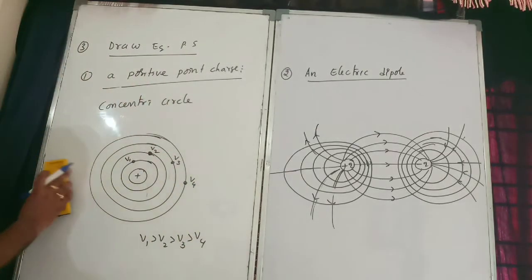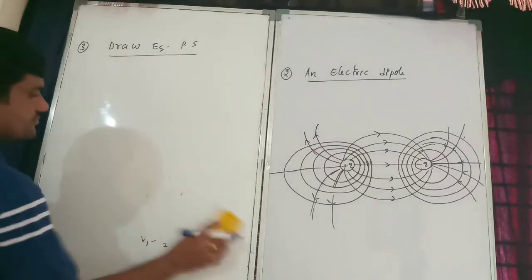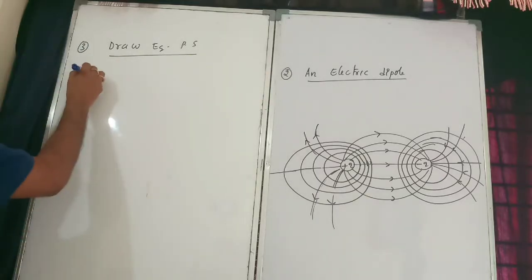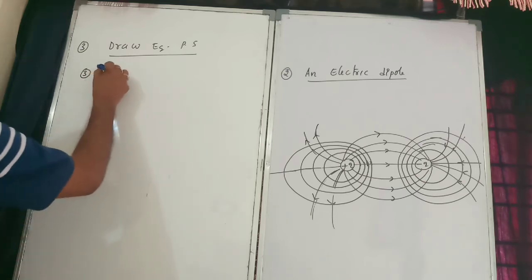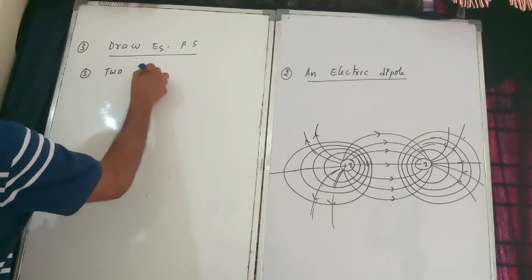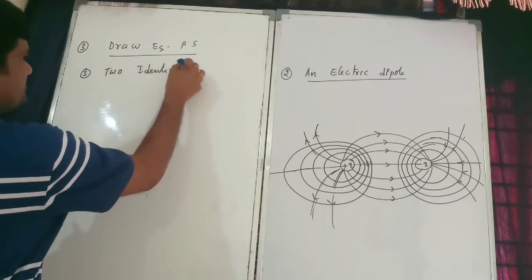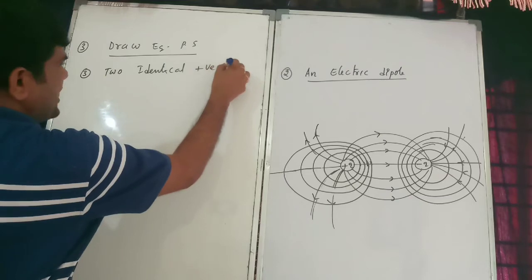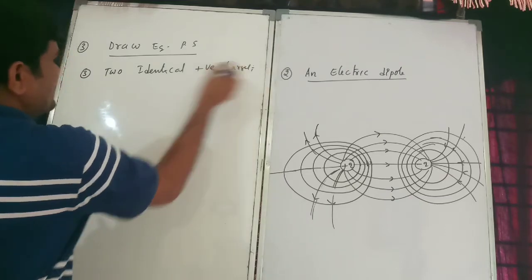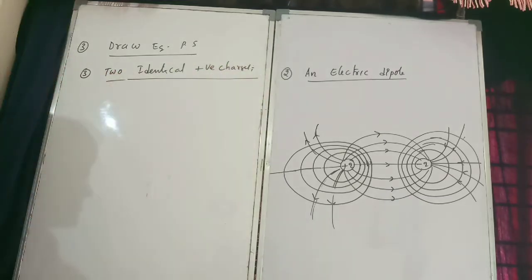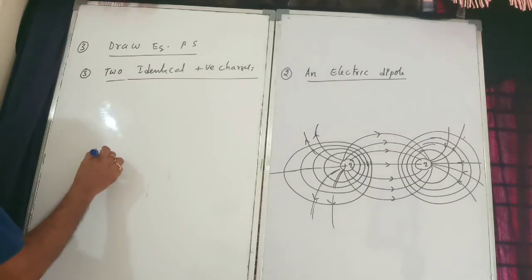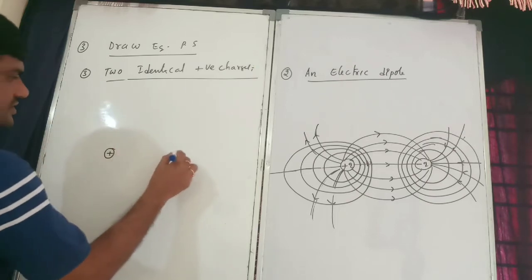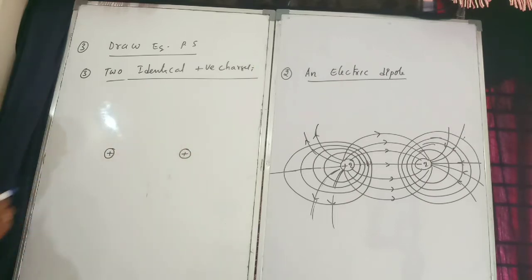Next, the third one: two identical positive charges. Here a positive charge, here also a positive charge.